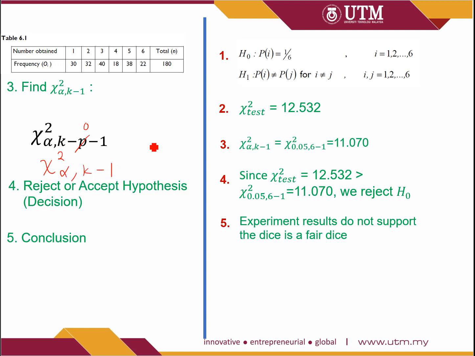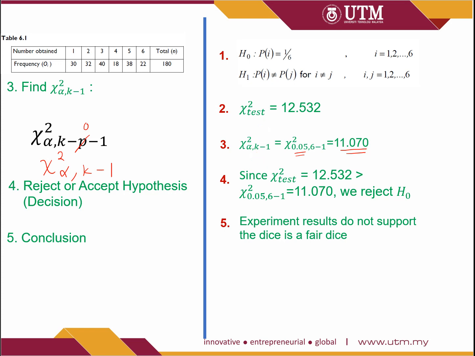So now your alpha is 0.05 significance level. And your k is 1, 2 until 6. So you have 6 k minus 1. And from your statistical table, you will get 11.070.